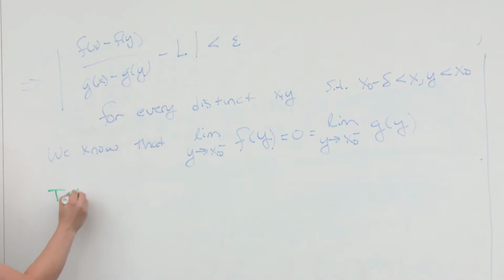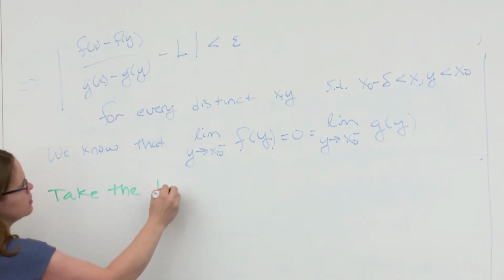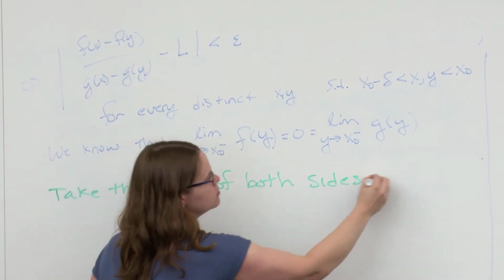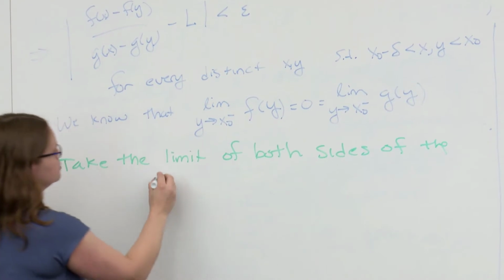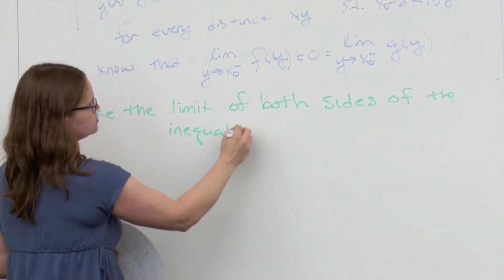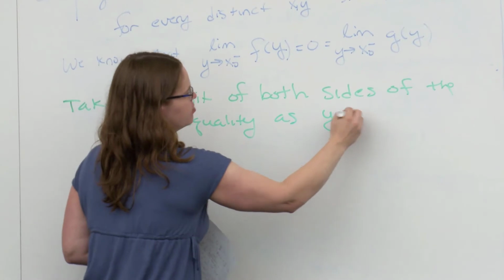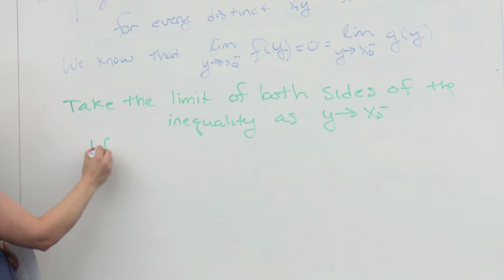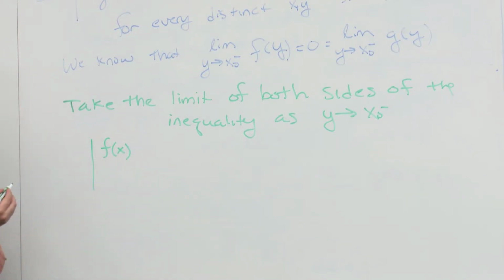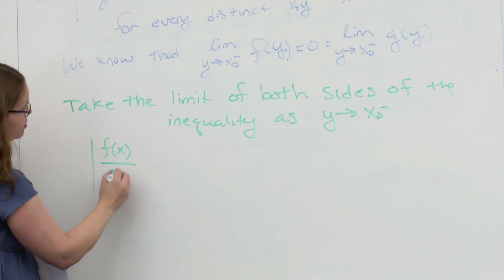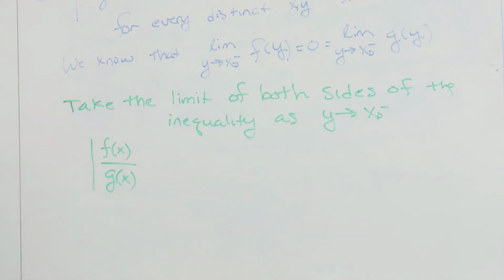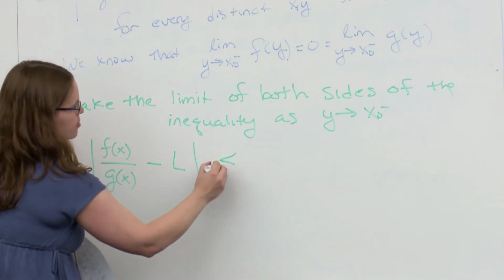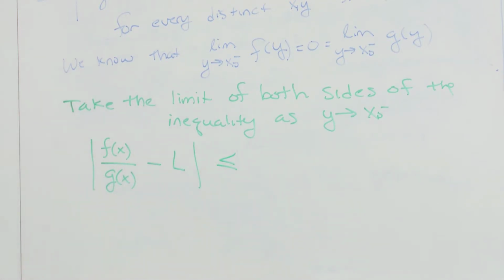So if I take the limit of both sides of my inequality, as y is going to x naught from the left, what do I get? I get the absolute value of f of x minus 0 divided by g of x minus 0, minus L, is less than or equal to... All right, epsilon is a constant.